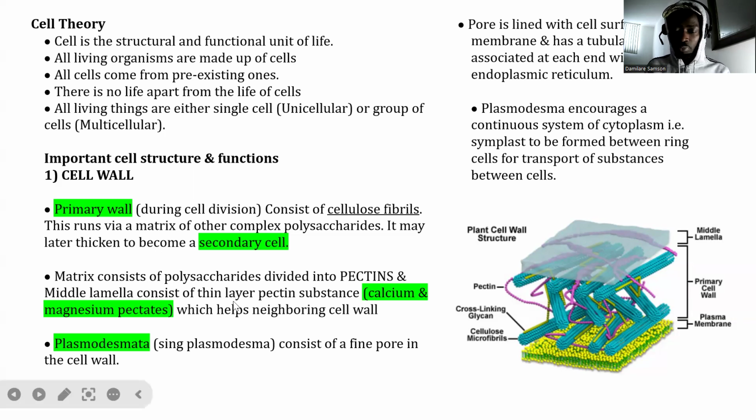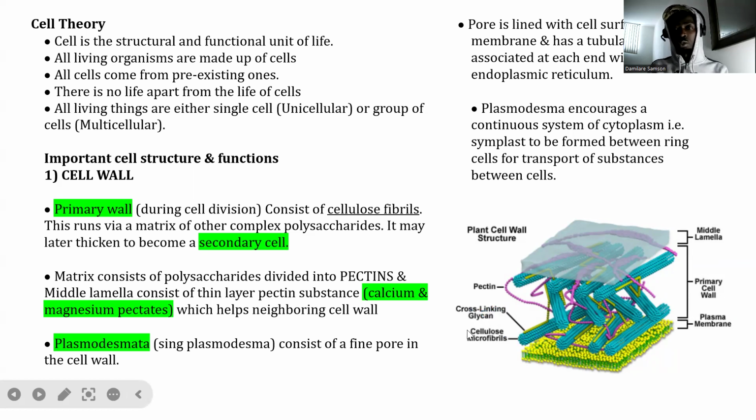If you look at the diagram, it actually shows some of those things that we talk about. The middle lamella here, the primary cell wall, which later becomes thickened through the help of polysaccharides to form the secondary cell wall. We have it here. Plasma membrane, they also have plasma membrane. These are the cross-linking glycans.